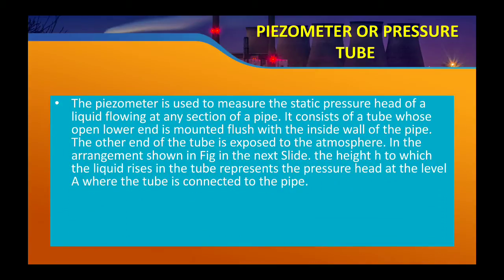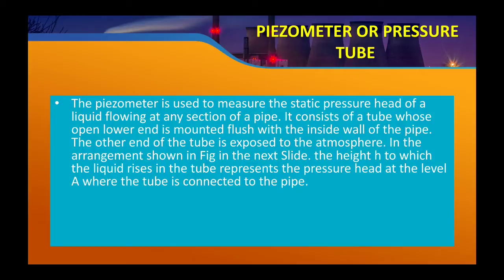The piezometer is used to measure the static pressure head of a liquid flowing at any section of a pipe. It consists of a tube whose open lower end is mounted flush with the inside wall of the pipe, and the other end of the tube is exposed to the atmosphere.